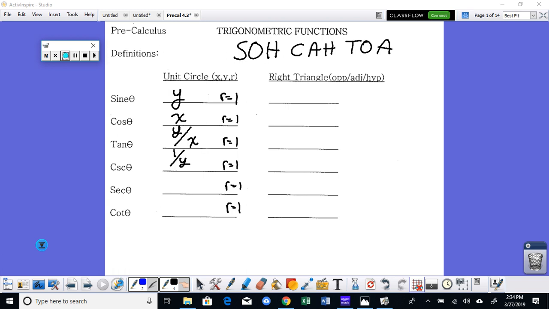Secant goes with cosine, it's 1 over x. Cotangent goes with, guess who? Tangent. Yes. Tangent is y over x, so cotangent is x over y. If I have the unit circle, that's how we're going to come up with our 6 trig functions.